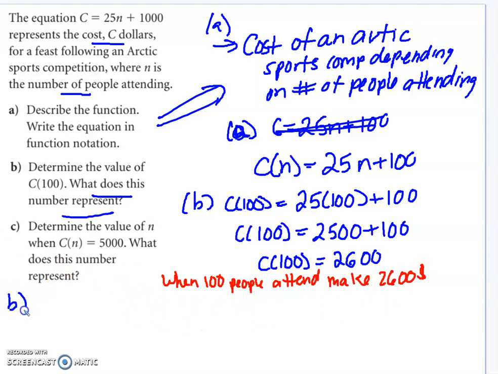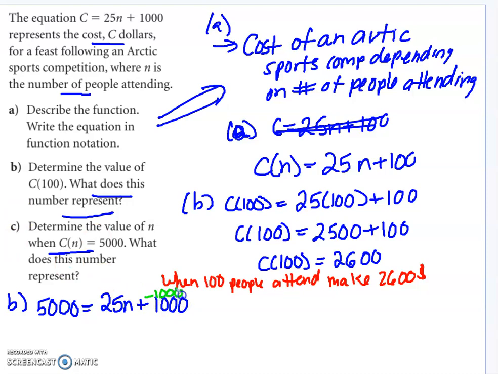And then B is saying, what if I've made $5,000? How many people would have had to attend? So we're going to replace C of N completely with 5,000. We'll do some algebra.